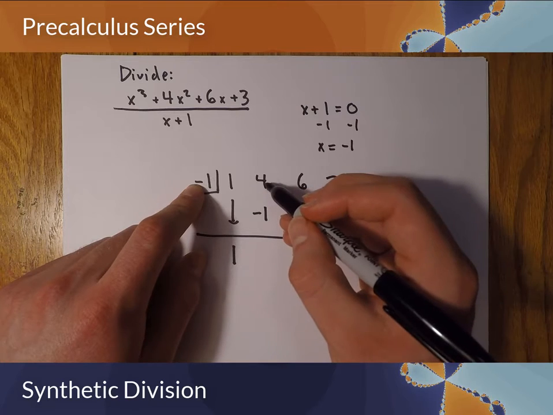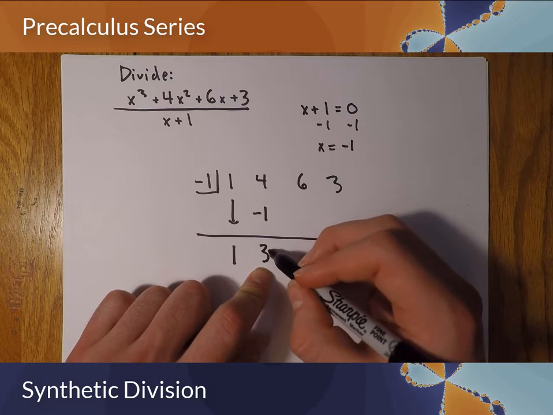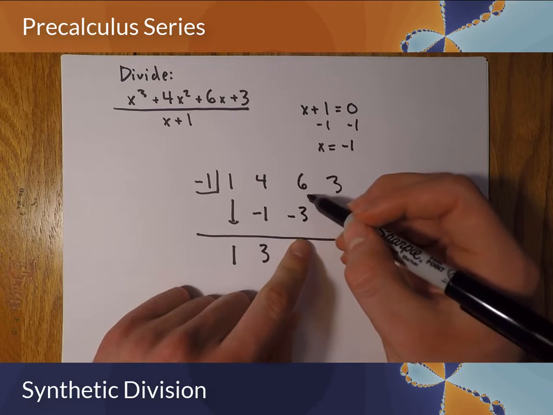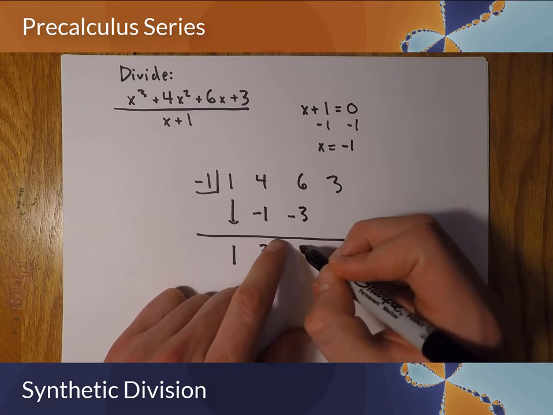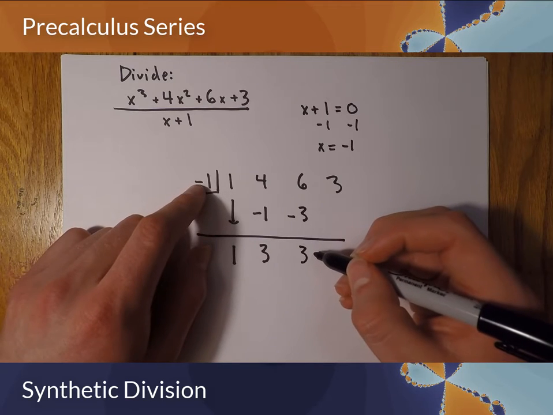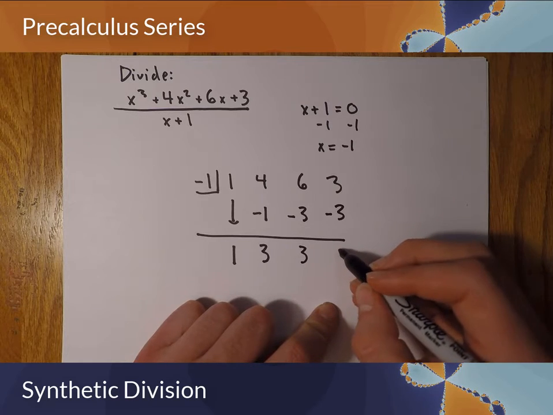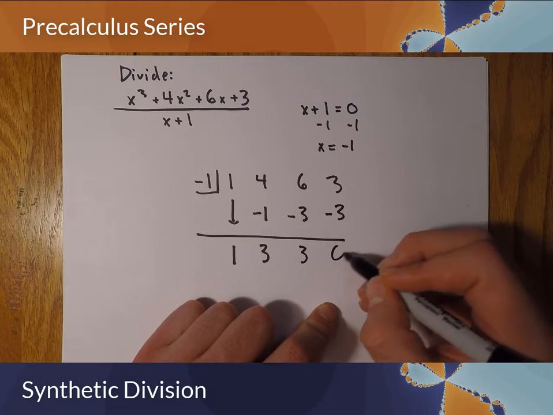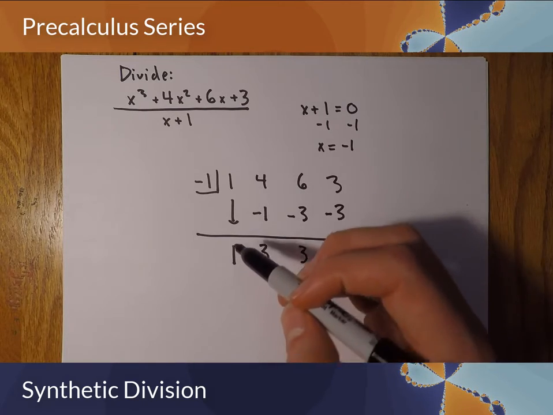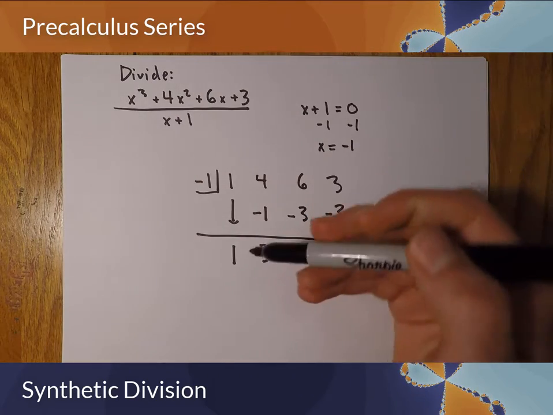We add these numbers together, so 4 plus -1 is 3. And we keep going. So 3 times -1 is -3. And then we just add these two numbers together. So 6 plus -3 is 3. And then we just keep on going. So 3 times -1 is -3. And so 3 plus -3 equals 0. So now the leading coefficient is 1 degree less than the coefficient of the thing you divided.